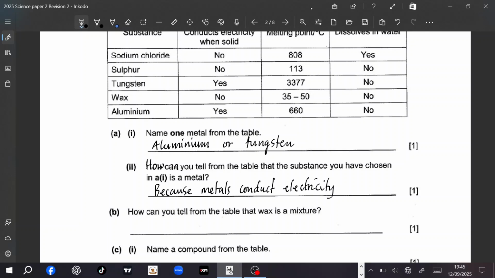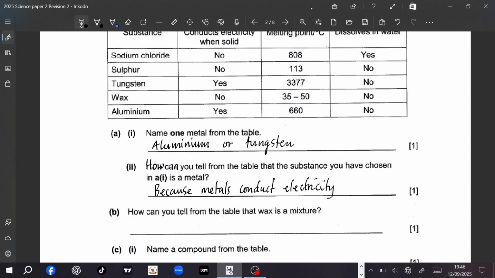First of all, these guys are trying to test your understanding of the behavior of mixtures. Mixtures have what we call a variable melting point or boiling point. That is one of the characteristics of mixtures. Mixtures do not have a fixed or sharp melting or boiling point.